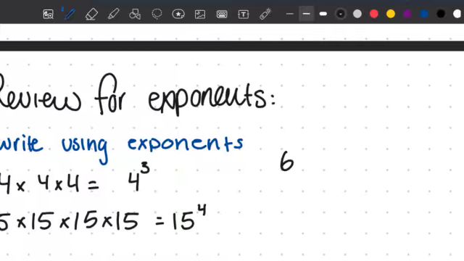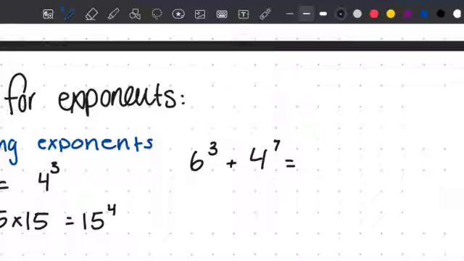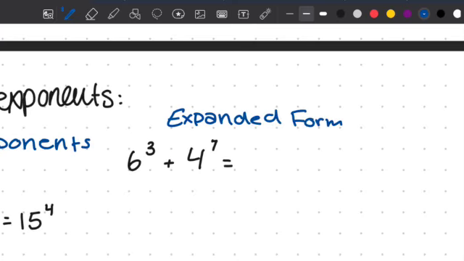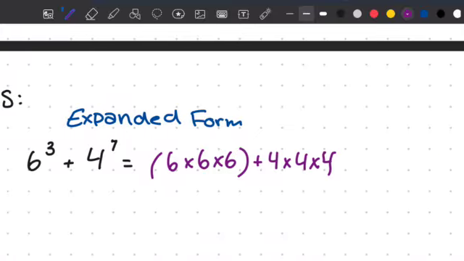So if you have 6 to the power of 3 plus 4 to the power of 7, and I want you to rewrite that in expanded form, then what this would look like is 6 times 6 times 6 plus 4 times 4 times 4 times 4 times 4 times 4 times 4.